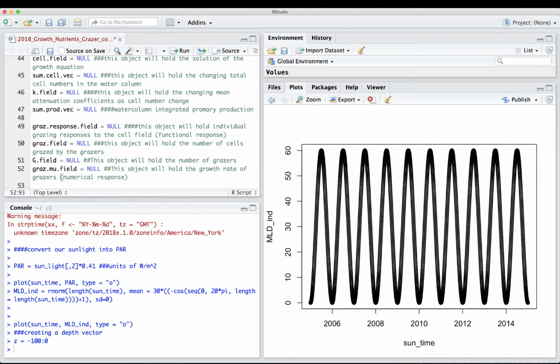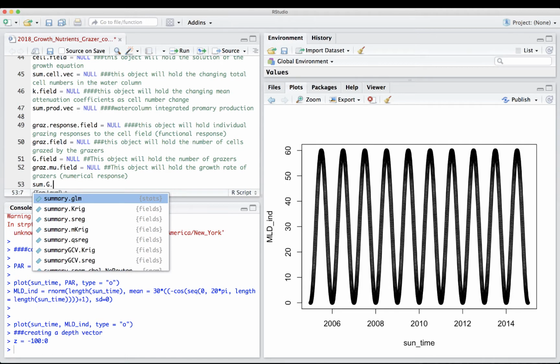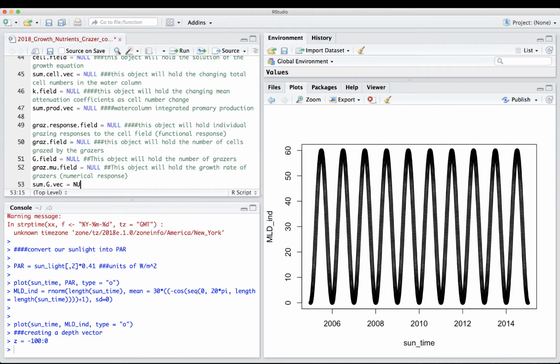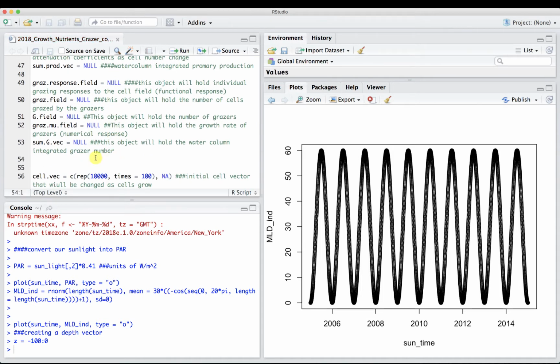We talked about that in lecture. And then we have the sum.g.vec null, and this object will hold the water column integrated grazer number. Okay, so we add those things. Let's save that real quick.